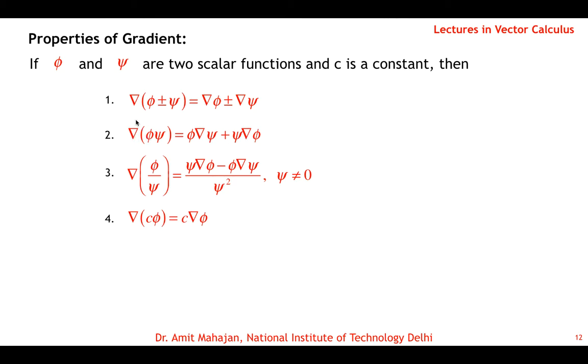That is still there in gradients, because gradient is also a derivative quantity with respect to vectors. Similarly, the gradient of phi by psi is (psi gradient phi minus phi gradient psi) by psi square, where psi has to be a non-zero scalar. This is the same property that we have studied in derivatives. And the gradient of c times phi: the constant can go outside and it will be c times gradient phi. These properties are easy to prove.